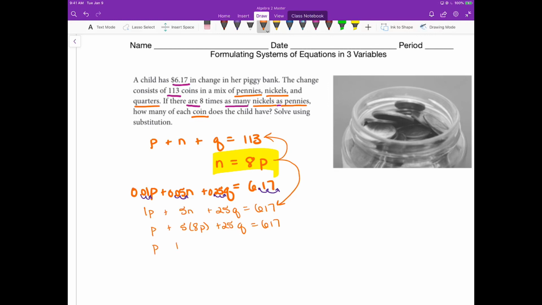There's p plus 40p plus 25q equals 617. Well, we combine like terms now. So we have 41p plus 25q equals 617. And that's as far as we can go with this one.